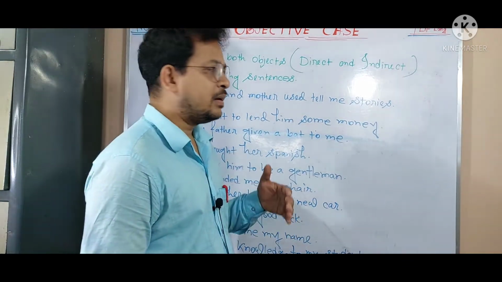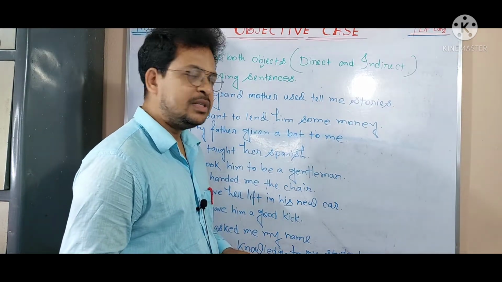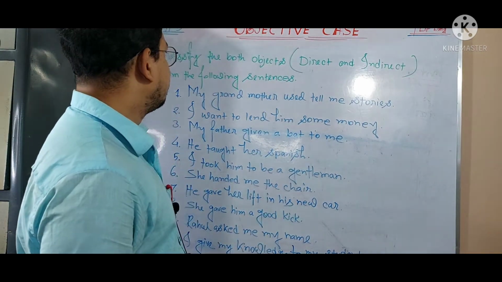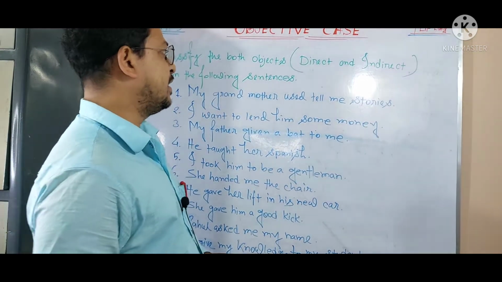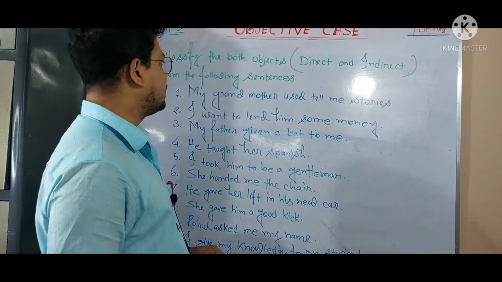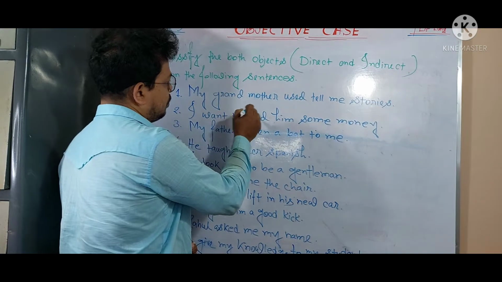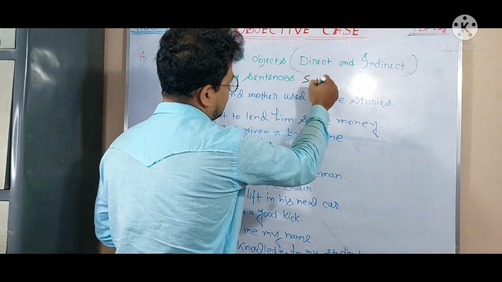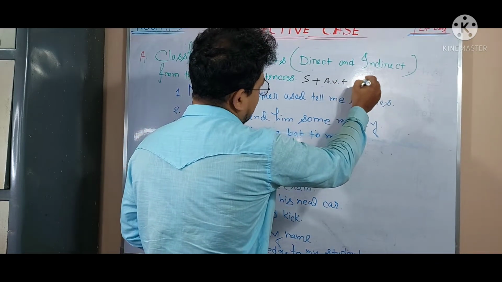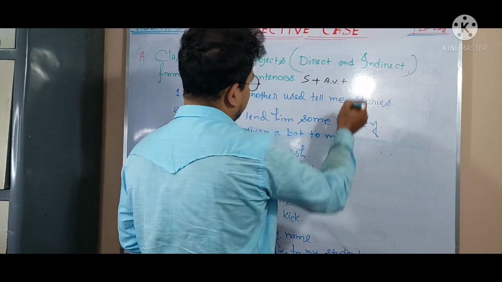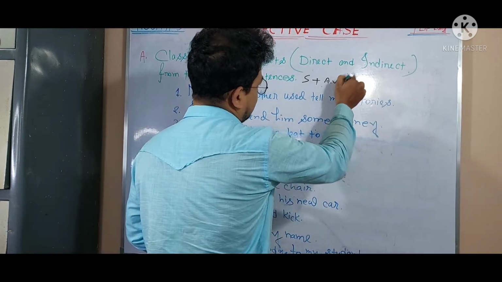How do I pull out or separate which one is direct and which one is indirect? I already wrote there: classify both objects, direct and indirect, from the following sentences. Always remember that there is one formula, one category: subject plus auxiliary verb plus main verb.